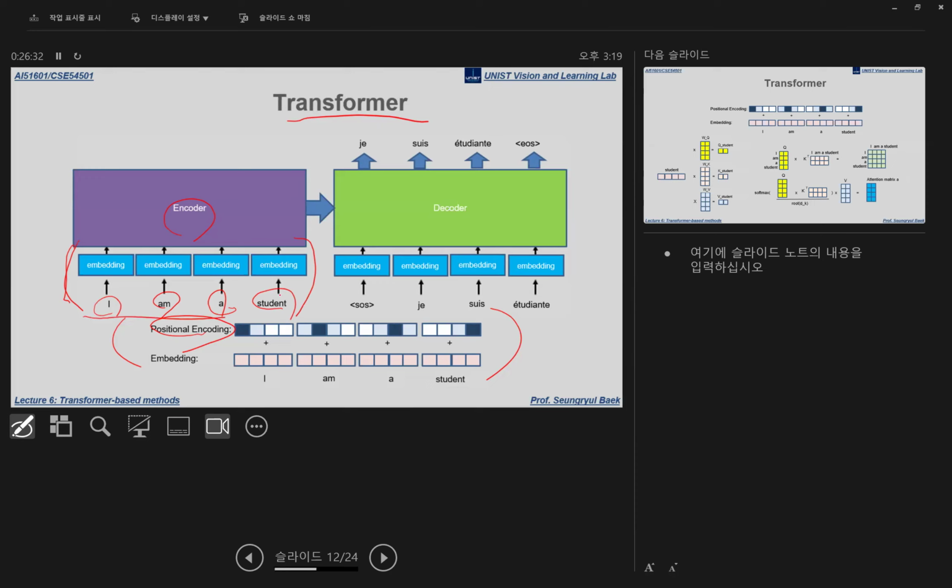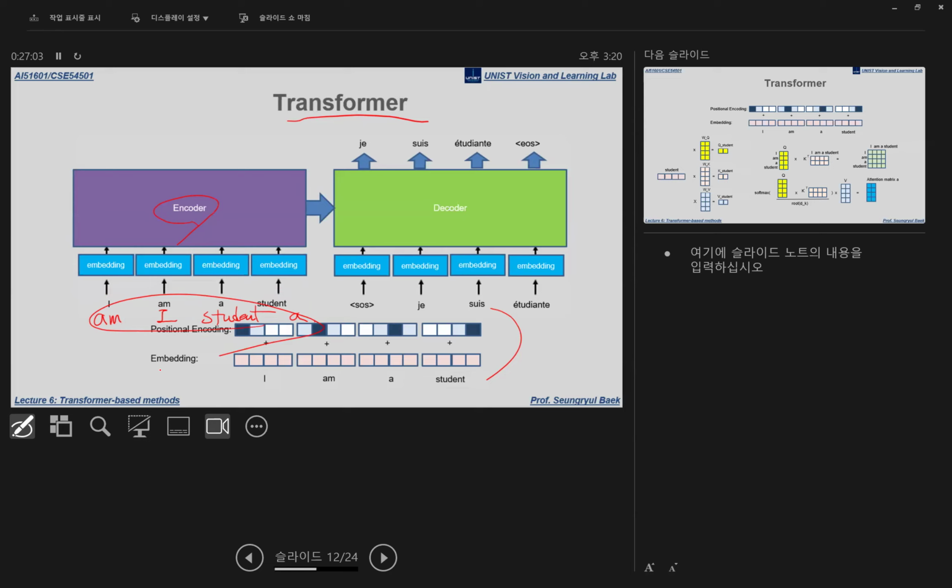We input these four elements in parallel, and there is actually no sequence, no order in the aspect of the encoder. So even if you change the input order, there is no difference in the feature. In the transformer, they do not know the input order.